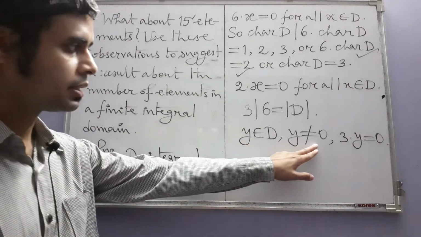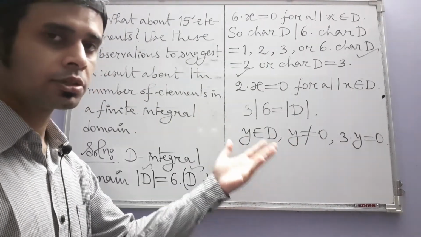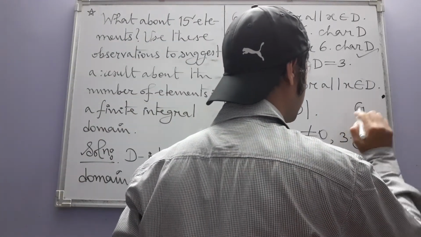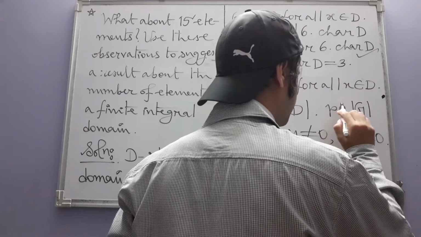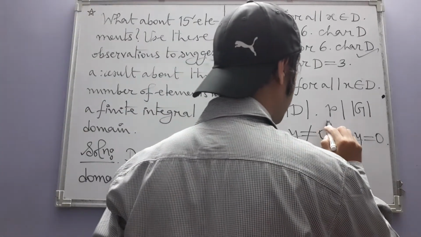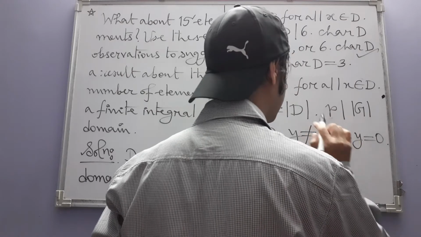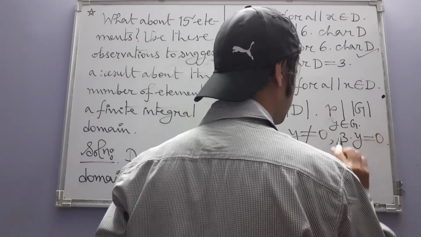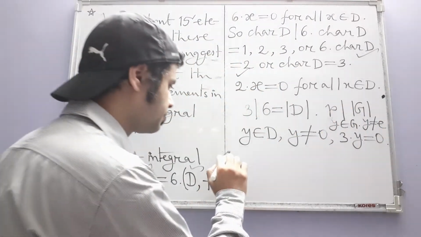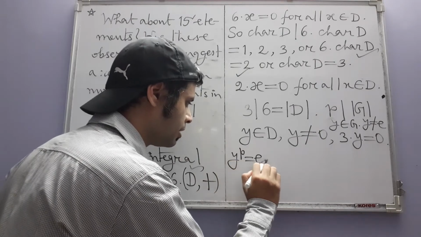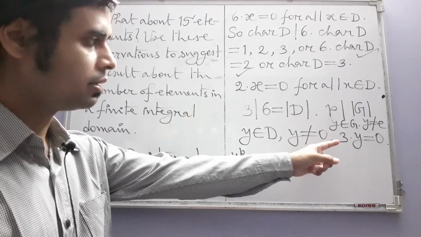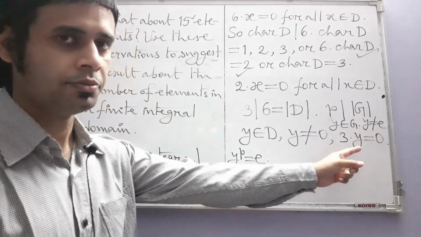Such an element can be found, and it comes from Cauchy's theorem for abelian groups, which in general says that if you have a finite group G and a prime number p divides the order of the group, then there will be at least one element y in G such that y is not equal to the identity element in G and y to the power p is equal to the identity element in G. In this case, p is 3, and e is 0.